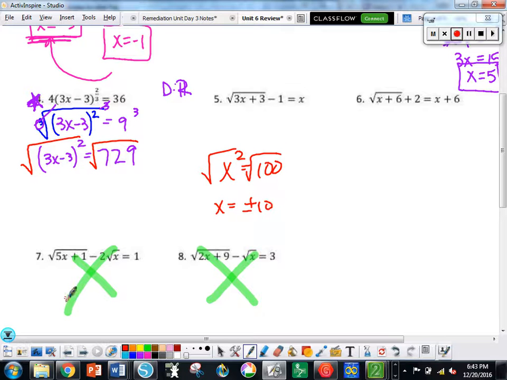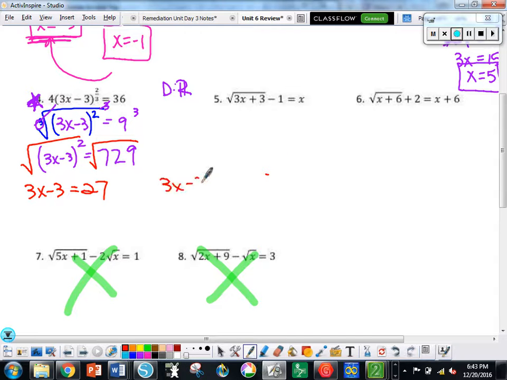Same thing here. When I'm taking the square root, because I am the one putting the radical on it, I need a positive, but I also need a negative. There's going to be two answers here because of the plus or the minus.